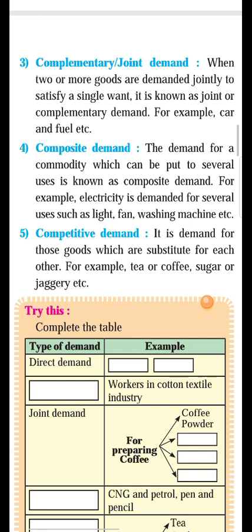All these home appliances are running by only one thing, electricity. So the demand for electricity is composite demand, because one commodity satisfies many wants of the society. Society means consumers.